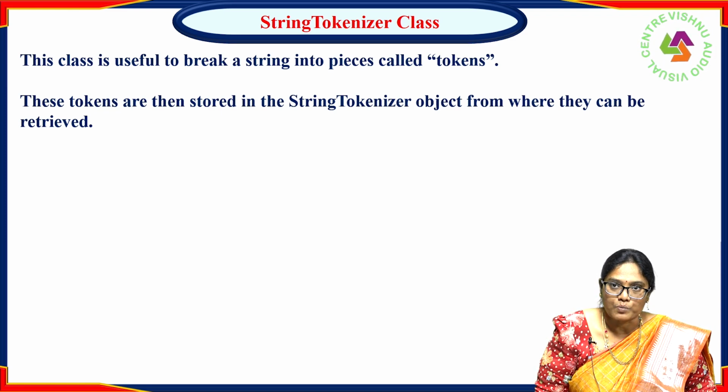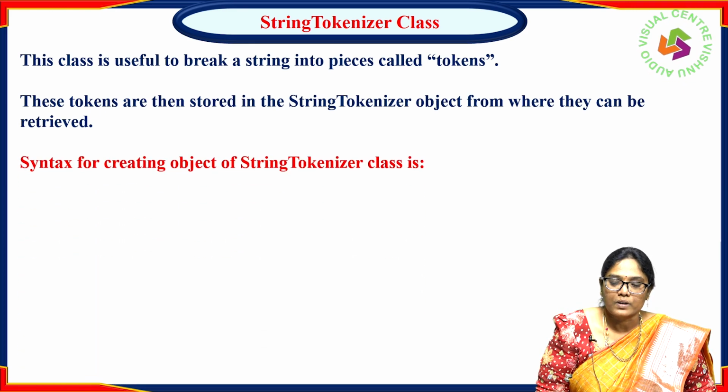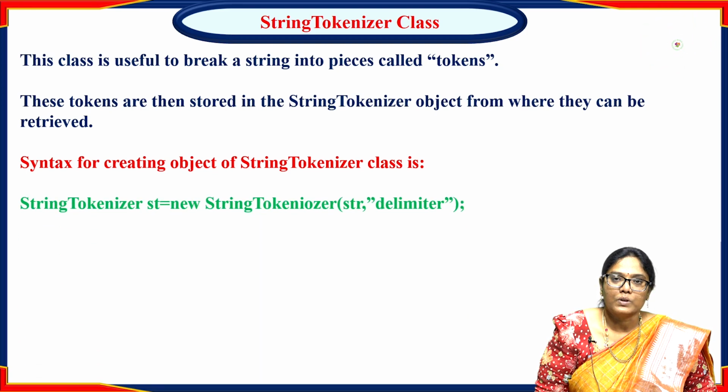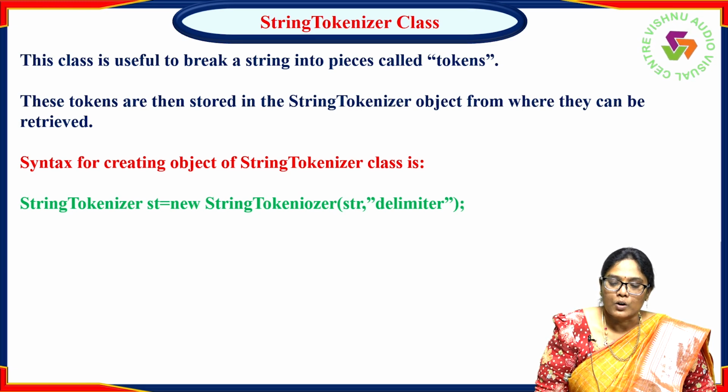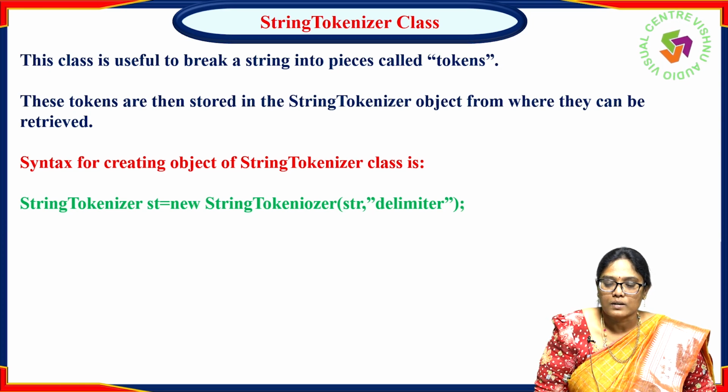and we can retrieve those tokens from the StringTokenizer object. Now let me see the syntax for creating an object for the StringTokenizer class. The class name StringTokenizer with the object, here I am taking the object name as st, new operator followed by the class name, and the arguments for the StringTokenizer constructor here are str followed by the delimiter.